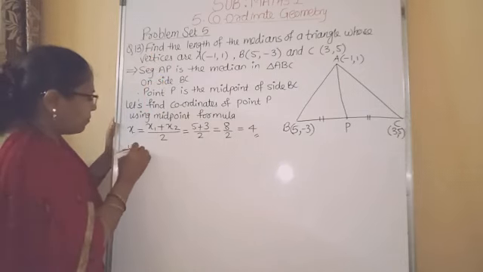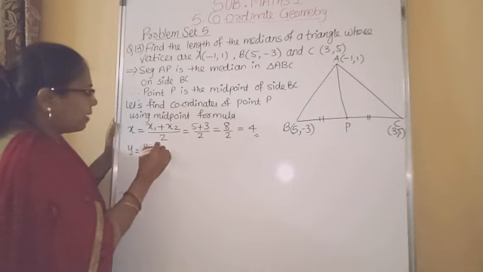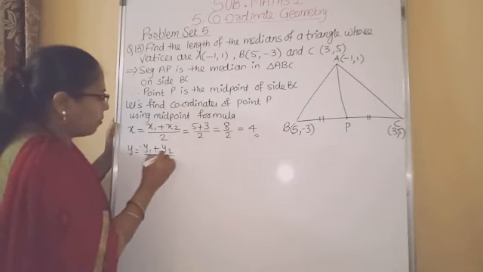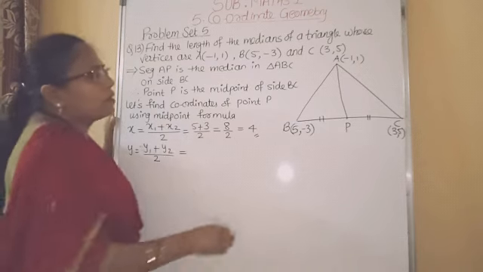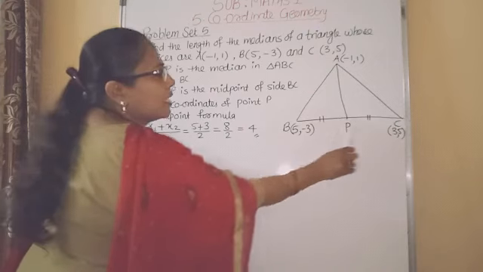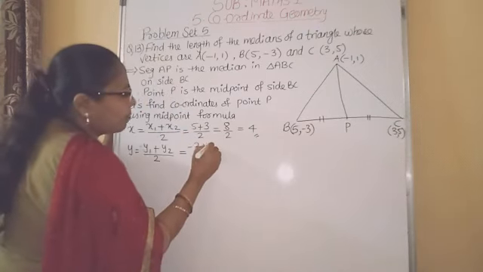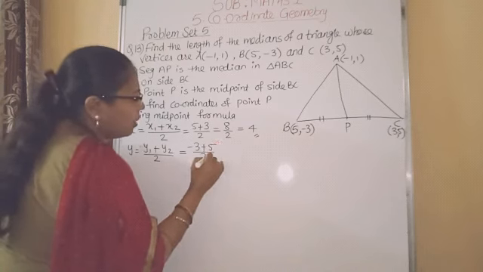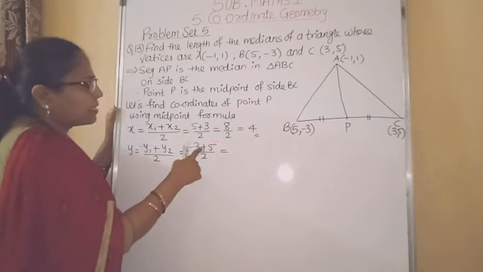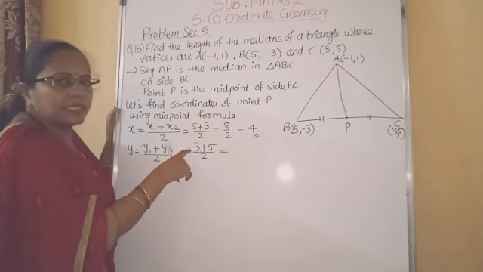And y coordinate we will find using formula (y1 plus y2) upon 2. Now which are the values of y1, y2? -3 and 5. So (-3 plus 5) upon 2. -3 plus 5. That means we have to do 5 minus 3.